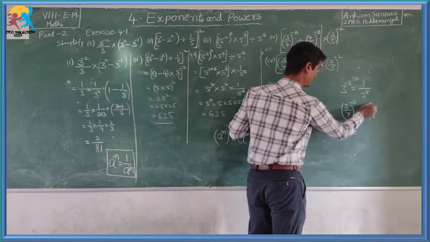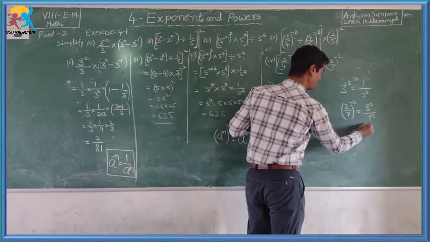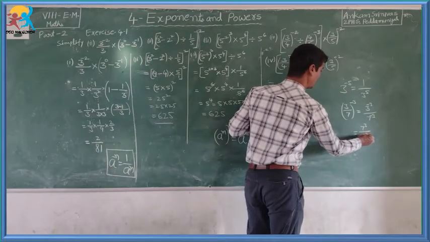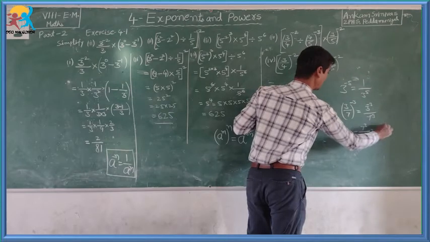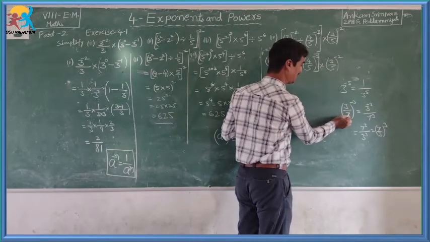If you want to convert into positive, 7 power 3 becomes the numerator, 3 power 3 becomes the denominator. That means 7 by 3 whole cube.